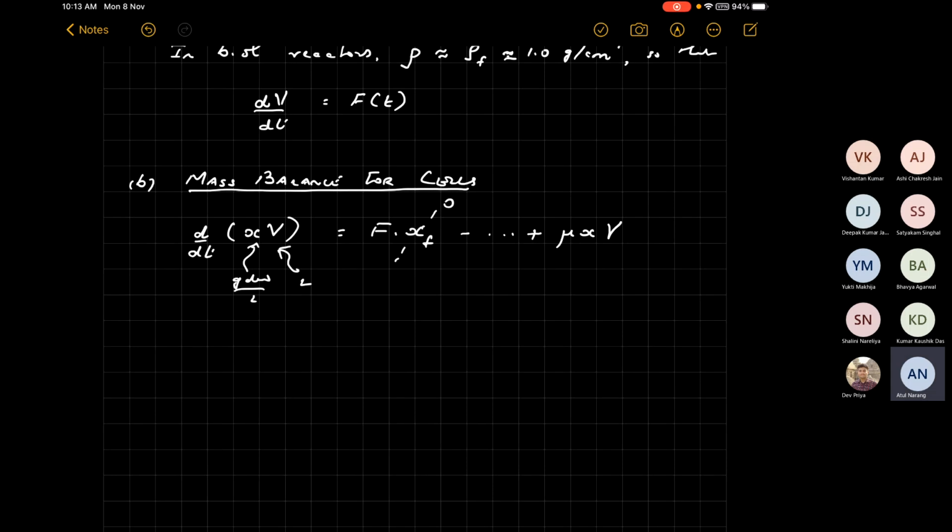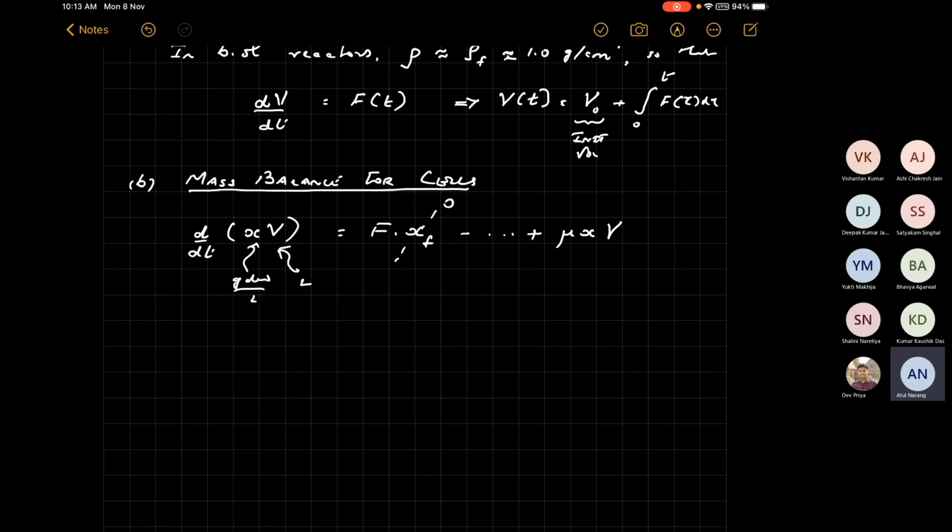In fact, from this equation, you can see that it will be V0 plus the integral of F of tau d tau from 0 to t, where V0 is my initial volume. Just integrating this equation, you can see mathematically or intuitively that V is increasing with time.